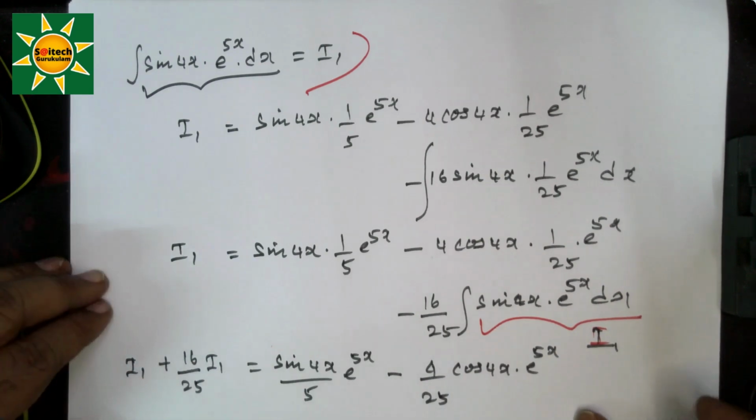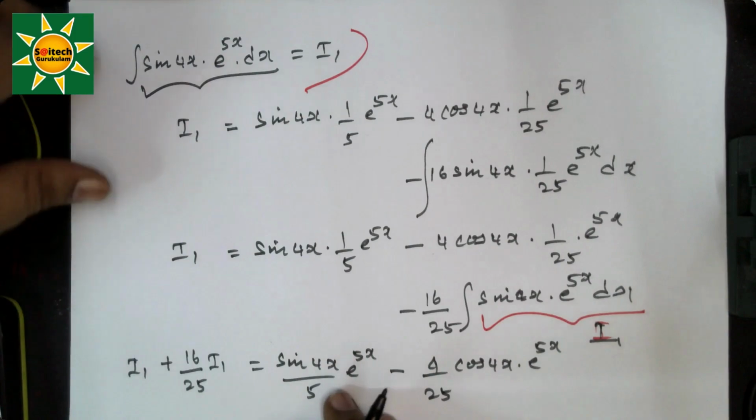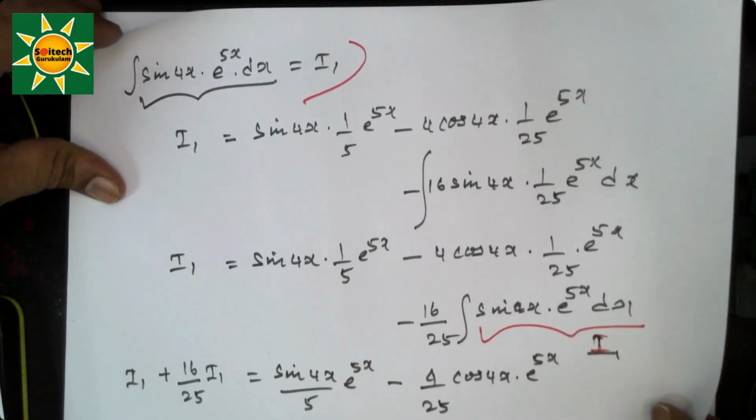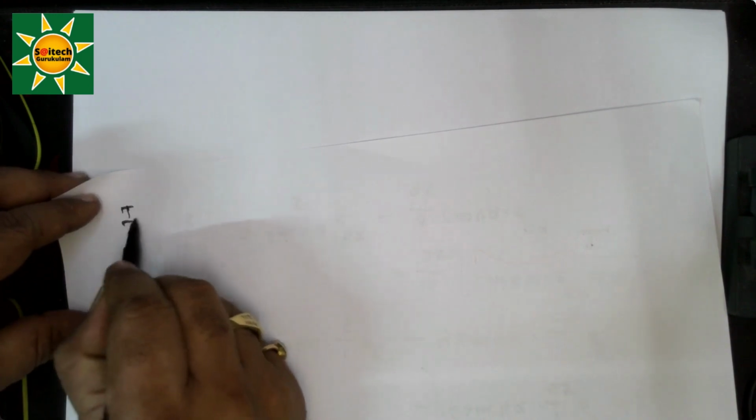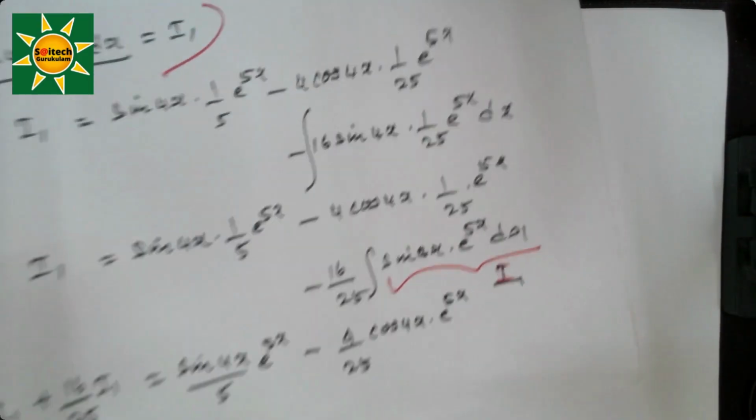Now this I1 can be taken outside the bracket, so this becomes I1 of 1 plus 16 by 25.